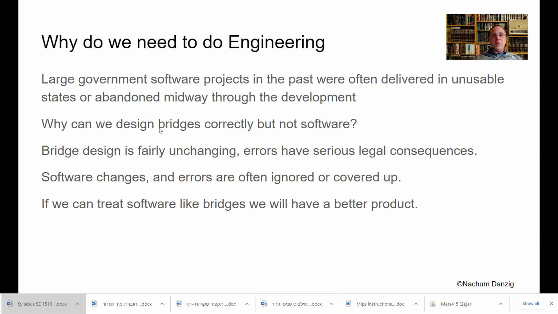And the question is, why can we design bridges correctly, but we can't design software correctly, right? So there's a few reasons, actually. Bridge design is fairly unchanging. In other words, we figured it out once and we sort of know how to do it. But the more important point is, errors have serious legal consequences. People could die and we could get sued. Software, people don't die from software not working. Well, actually they do.